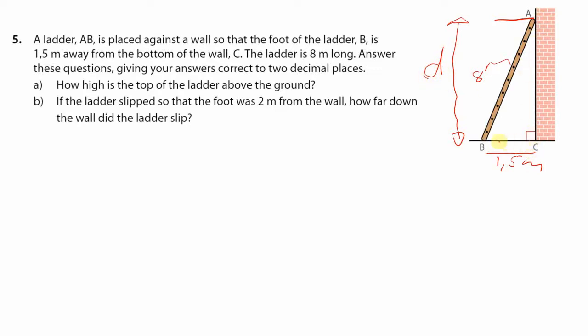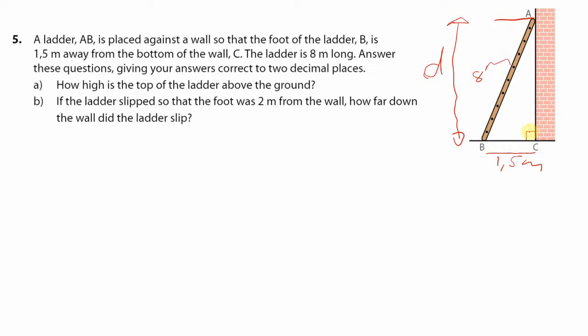But now, since we assume that the wall and the ground will meet at a 90-degree angle, in other words, it's an upright wall at a 90-degree angle, which should in general be the case, because you don't want a skew wall.